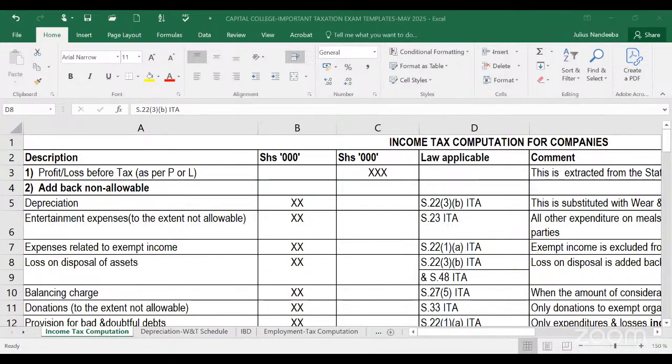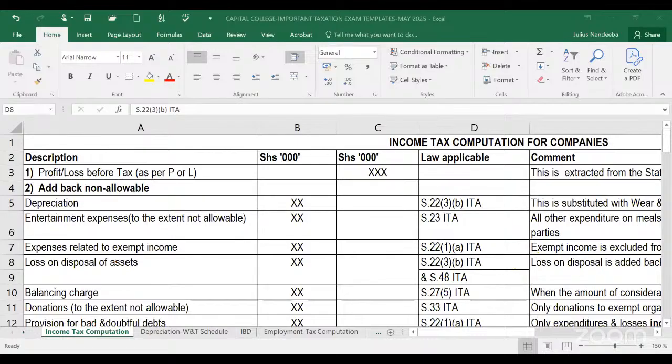So it is 5% times that qualifying cost. The only question is that 5% represents the whole year. If that building has not been used for the whole year, it means that 5% must be time apportioned. And you apportion it using the number of days. That's why you get the 5% times the qualifying cost times now the apportionment.